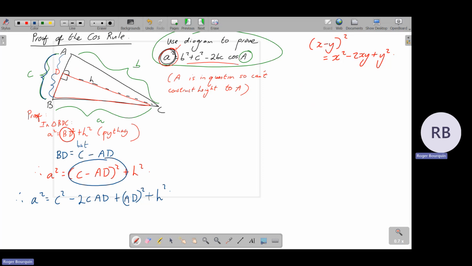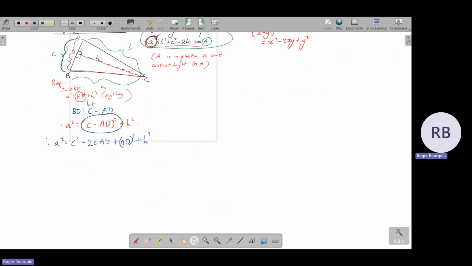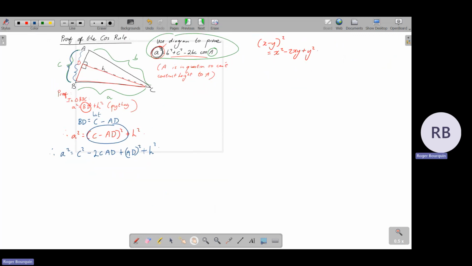Now I want to get rid of AD squared plus H squared. If I look at this diagram over here, I'm going to look at the other right angle triangle, which has AD squared and H squared in it. Here's AD and here's H, so I could be working in that right angle triangle.